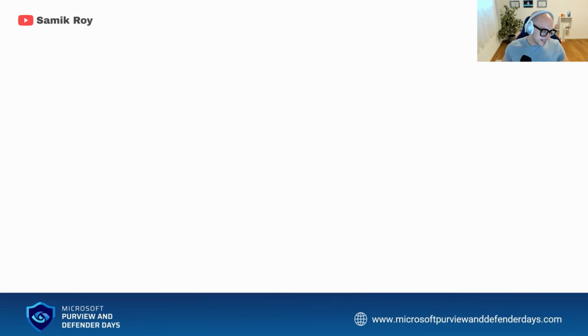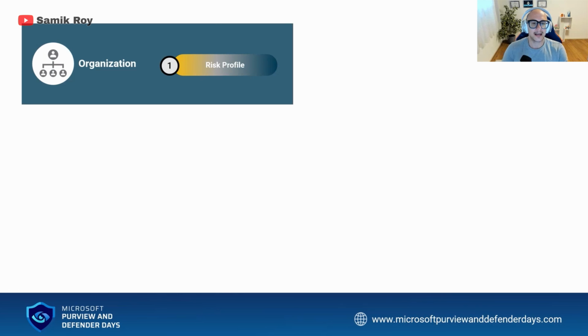Now, the blueprint is structured within 6 categories. The first category, in my opinion, is the organizational level. What I see is that we don't have an AI adoption strategy. We will look into that. And from my perspective, what I do with my customers is, first of all, define a risk profile.